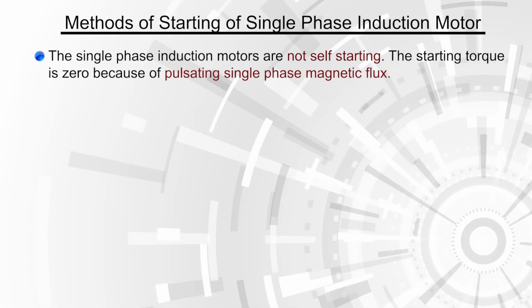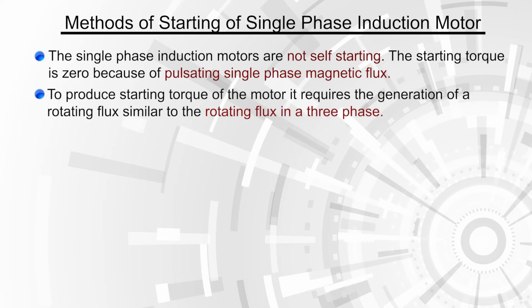The single phase induction motor, we have already discussed, is not self-starting. Why? The starting torque is 0 because of the pulsating single phase magnetic flux. So, to produce the starting torque, the motor requires the generation of a rotating flux similar to the rotating flux in a 3-phase winding.